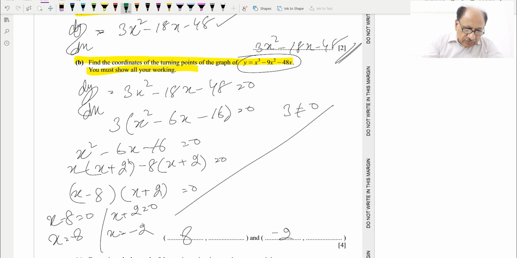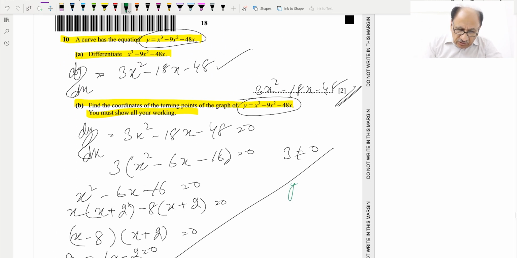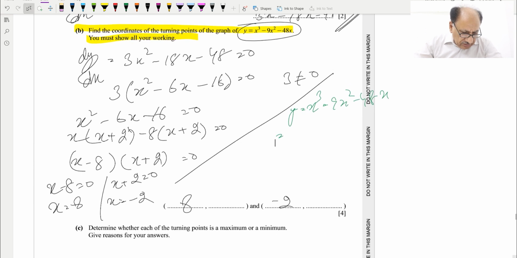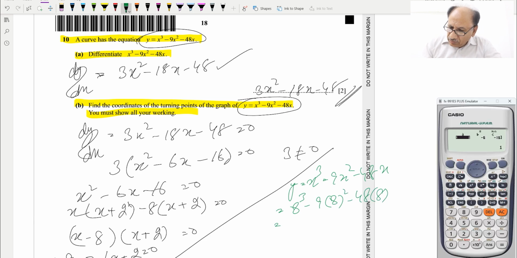Now the second value we can find by replacing this in the equation which we already have, which is y is equal to x cube minus 9x square minus 48x. So we'll be replacing 8 first, so this will be 8 cube minus 9 into 8 square minus 48 into 8.